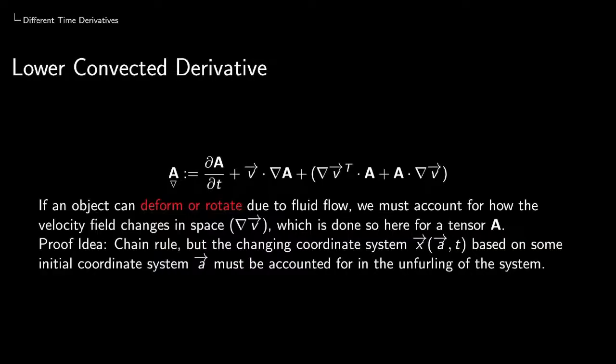If you do all the accounting for that, you get back to your original system. It's noted here that A is in bold, for some tensor A, which needs to be of rank 2, I believe. Yes, so this is the lower convected derivative; it handles tensors and how they can deform within space.